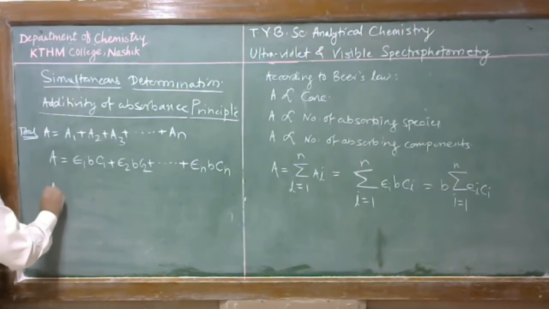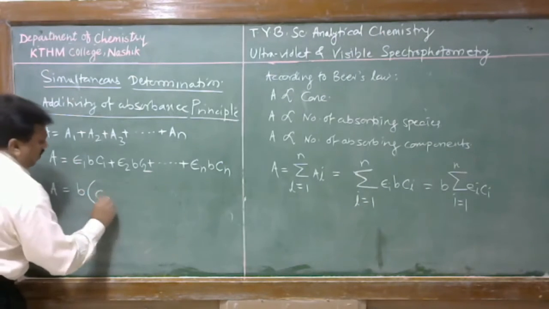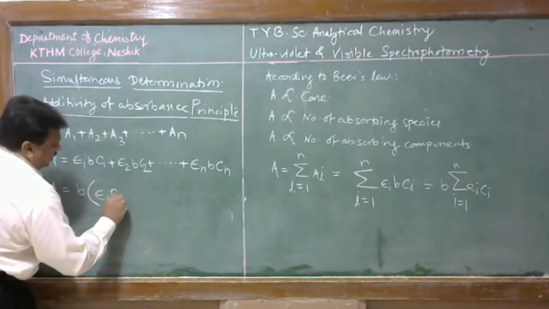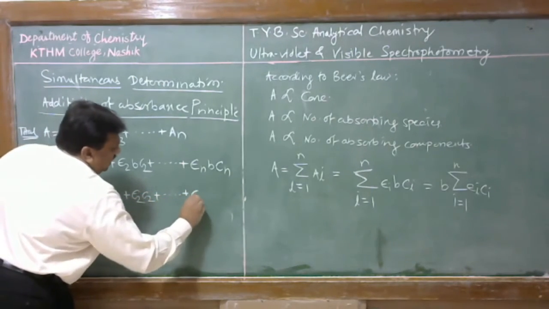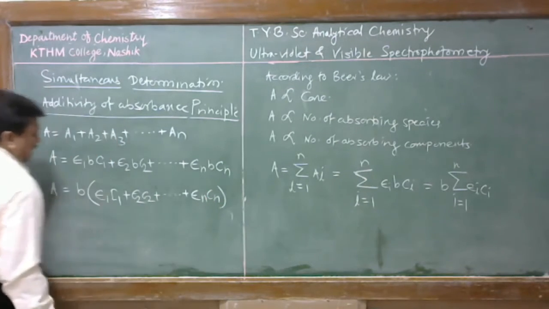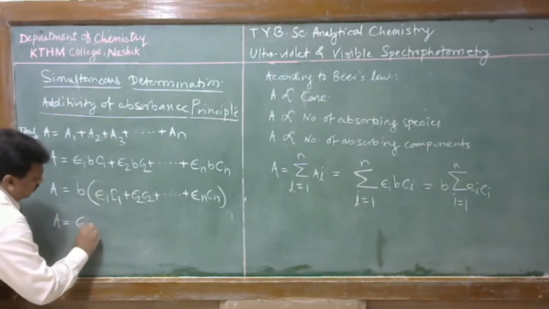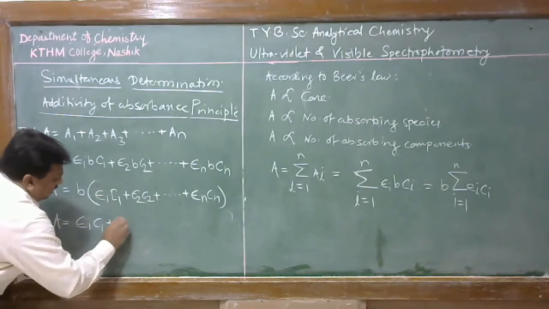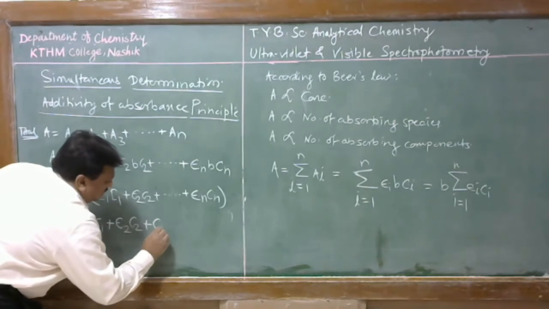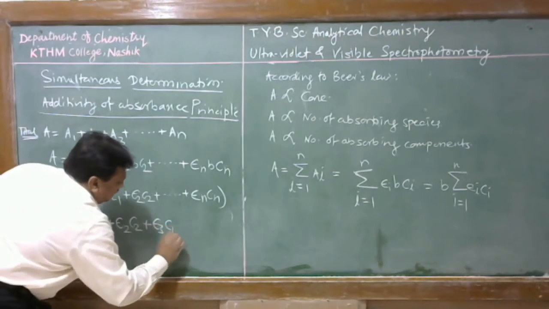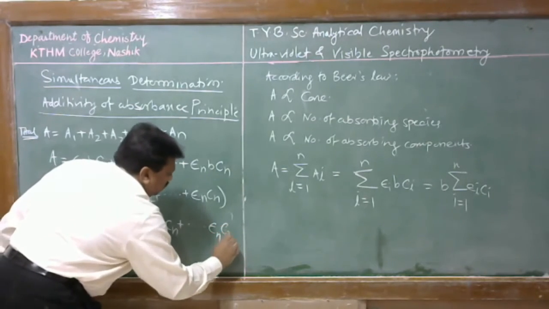And as b is 1 centimeter, or b is constant, we take b common here. Therefore, epsilon 1 C1 plus epsilon 2 C2 plus epsilon n Cn, and so on. As b is equal to 1 centimeter, total absorbance is equal to epsilon of the first into C1 plus epsilon of the second into C2 plus epsilon of the third plus epsilon of the nth component into Cn.